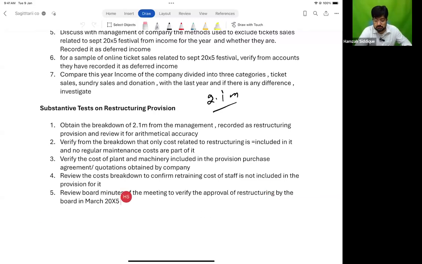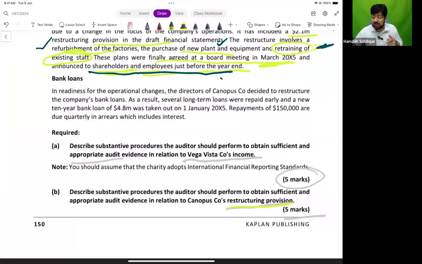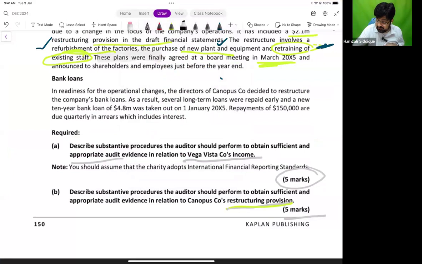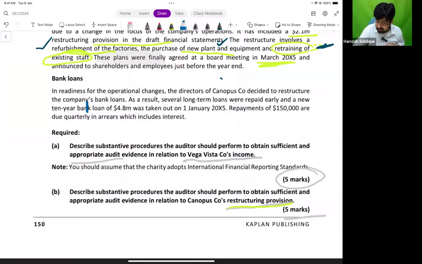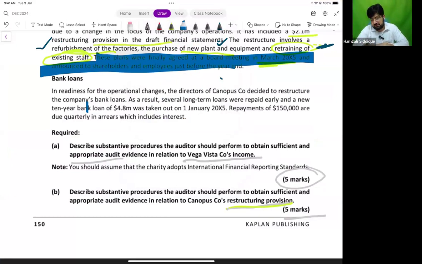Now, then they said it was announced. This is the second criteria of IAS 37. Even if they were silent on it, for example, we assume the examiner did not provide these last two lines in the scenario, we still have to verify these two, because restructuring provision cannot be recorded if any of these is missing.